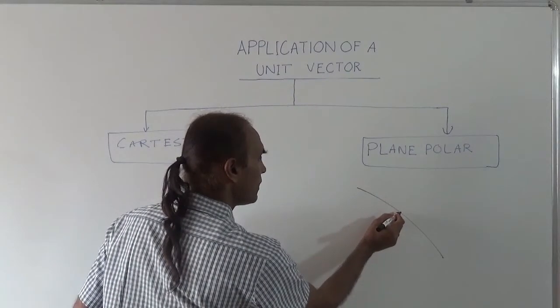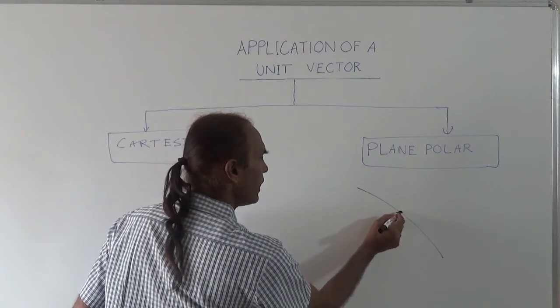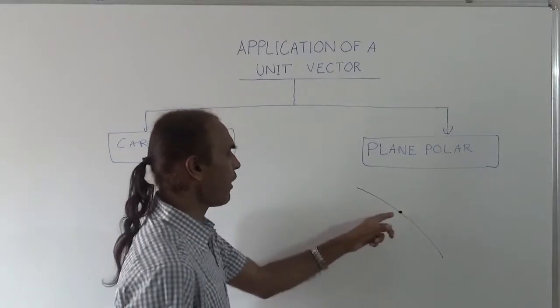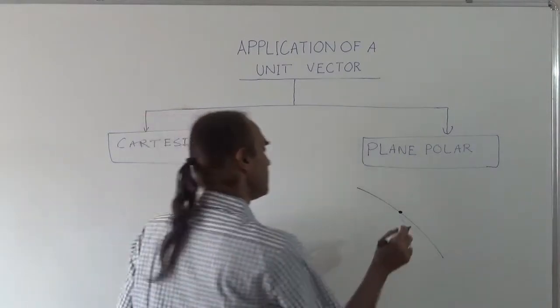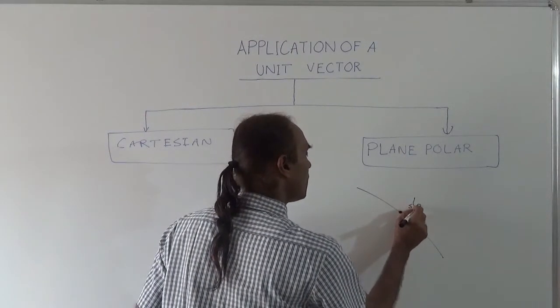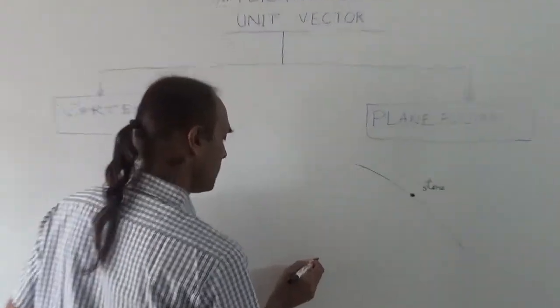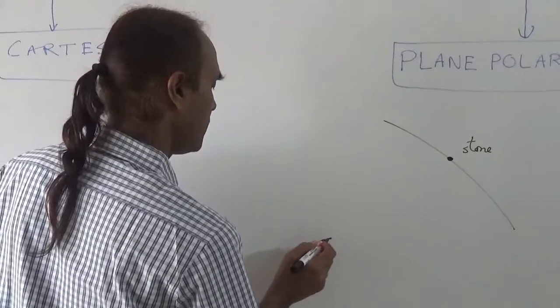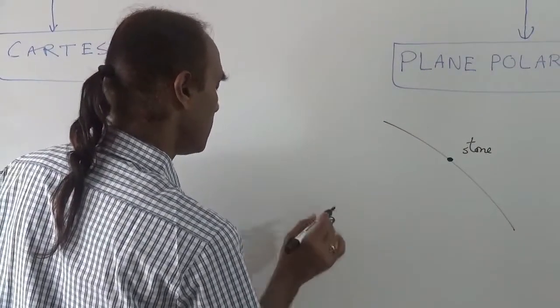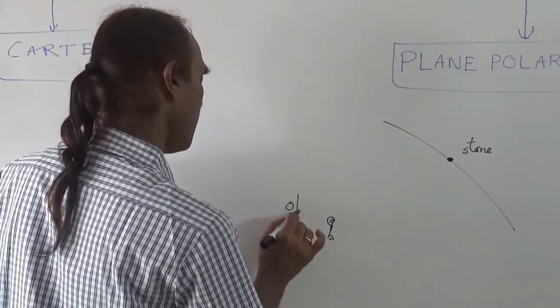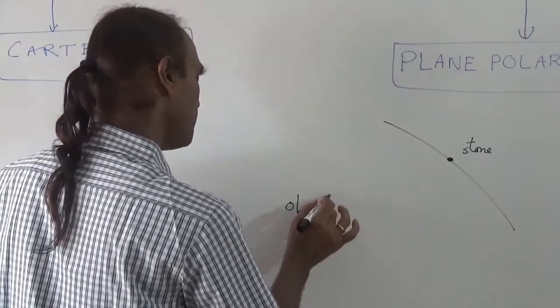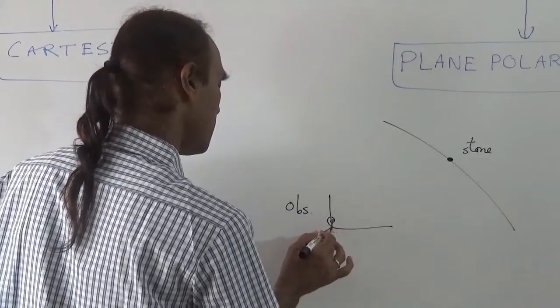Let us assume that this point is the stone and this is the origin. You are standing here. You are the observer. Observer is the origin.